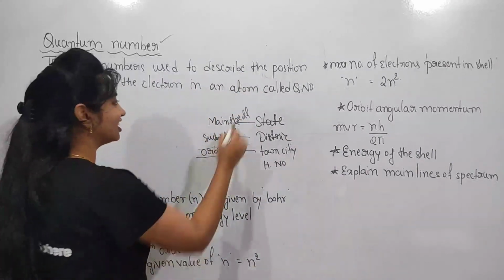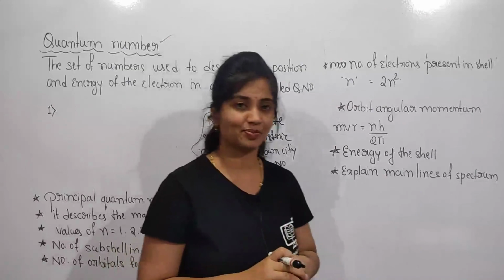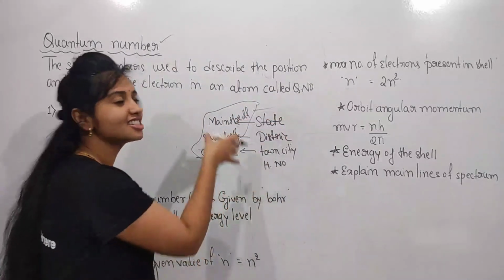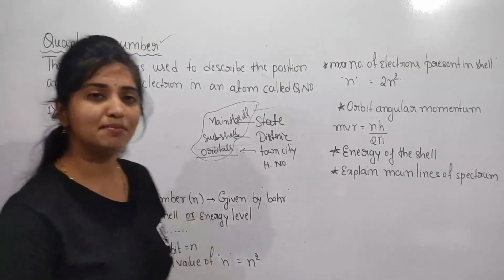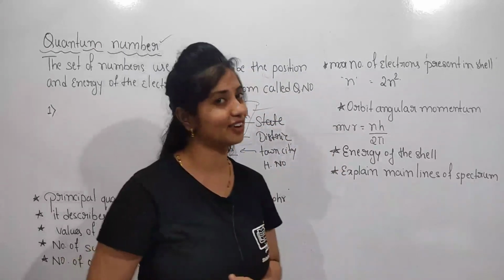So, like this, the electron also has an address in an atom. We get this address by the help of quantum numbers. So, quantum numbers are nothing but they give an address of an electron.